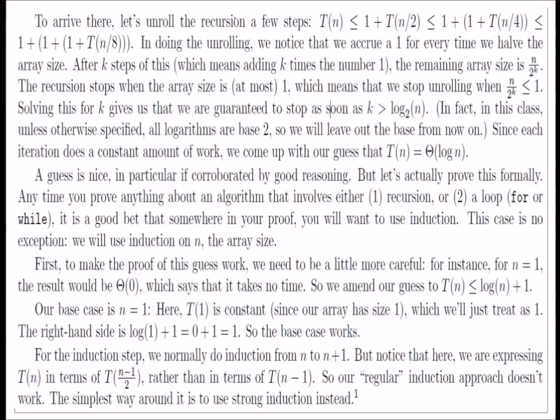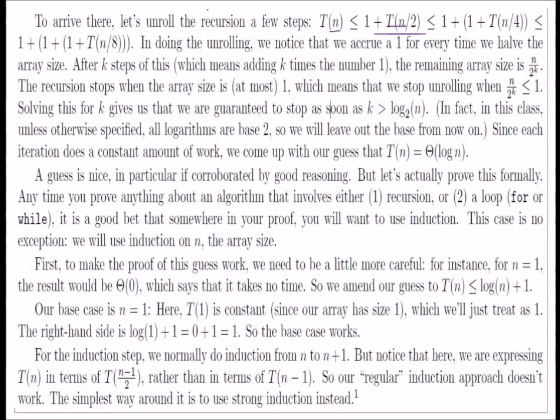Let's unroll or elaborate the recursion in a few steps. T(n) is what we had, 1 plus T(n/2), and it will always be greater than or equal to 1 plus 1 plus T(n/4), and then 1 plus 1 plus 1 plus T(n/8). So we are just trying to divide it, which will actually happen in binary search.